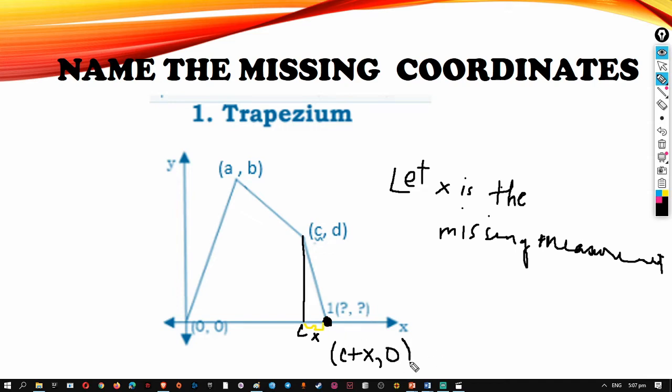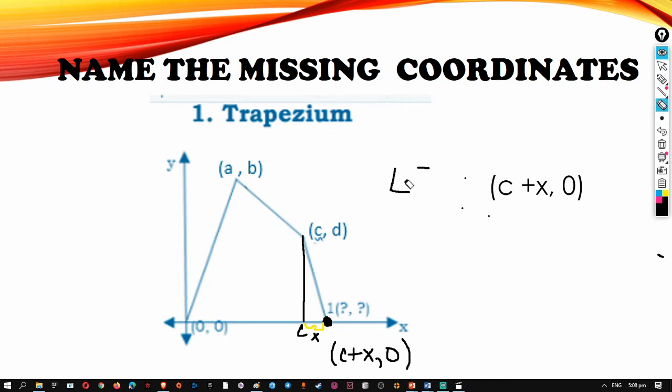So, it's 0. So, the answer is c plus x, 0. Burahin natin kasi mapangit sa screen.